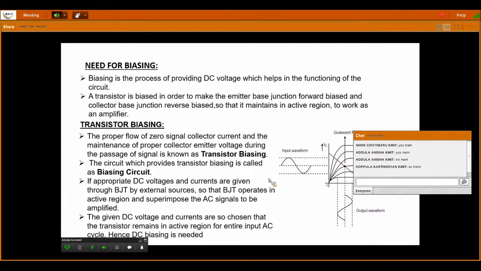Our input will be superimposed, hence we'll get a distortionless output signal, and the weak input signal applied on the base of the transistor will be amplified to the required level using these DC voltages.